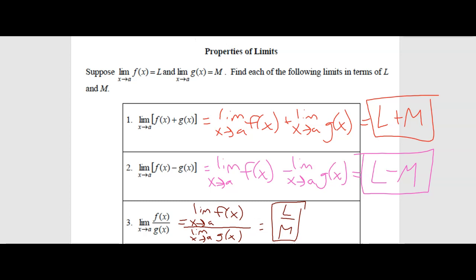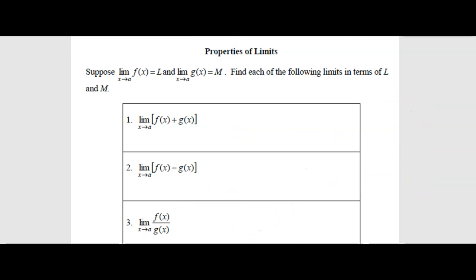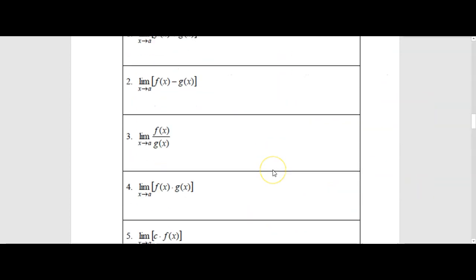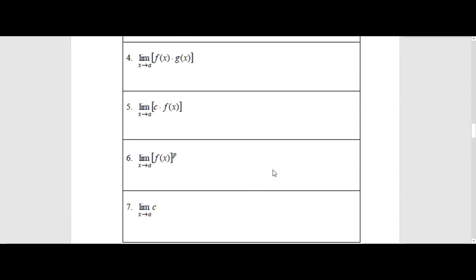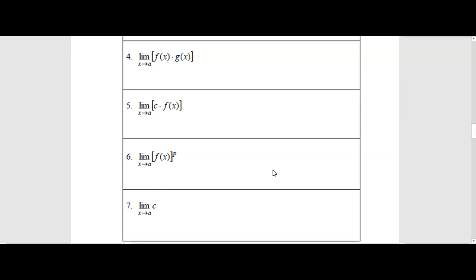All right, I'm going to scroll down to the next couple. I guess I can fit them all in on this screen. Again, if I am multiplying them together, I can just find the limits of each separately and then find the product.